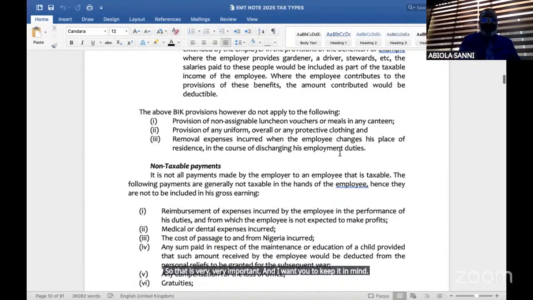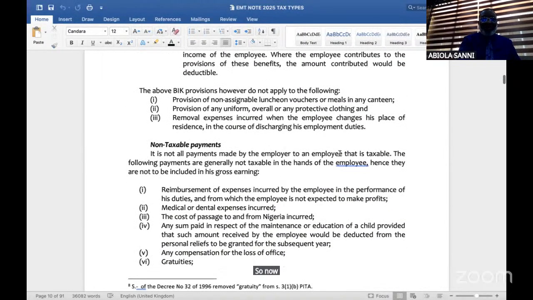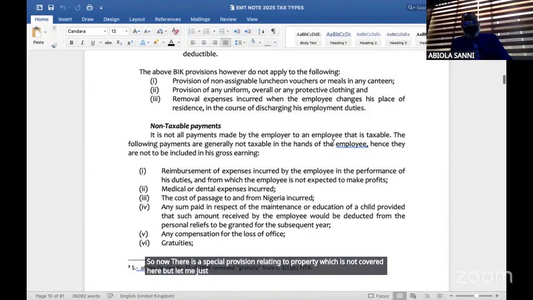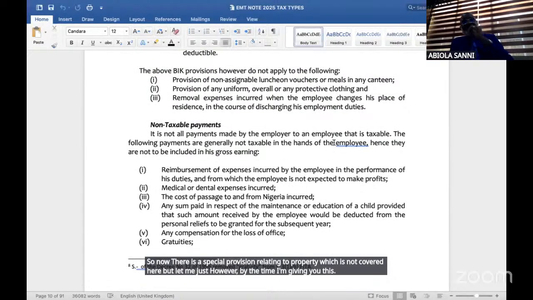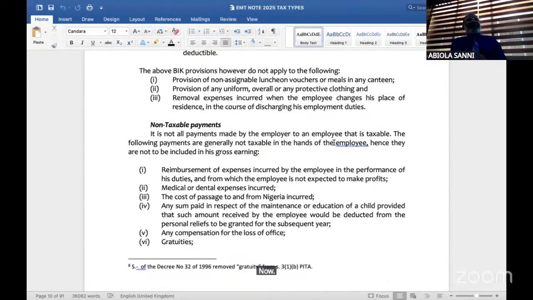So now, there is a special provision relating to property, which is not covered here, but I'll cover it by the time I'm giving you this. Now, the one relating to accommodation, the rate is the rateable value in that environment.